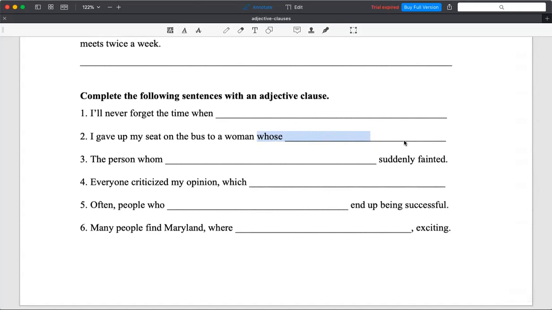Whose umbrella was broken. Whose bag was white. You want to say her bag is white, or her umbrella is broken. Instead of her, you use whose. Does that make sense, Fiona? So your sentence still has some dangling modifier. Maybe I can do something better with the next one.